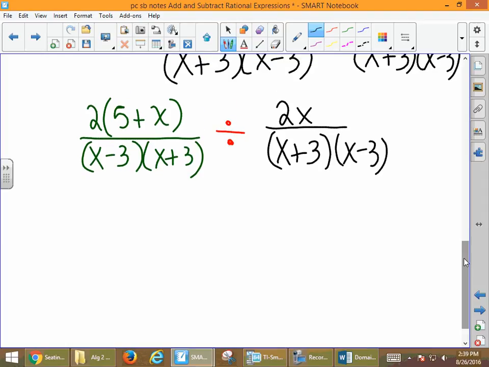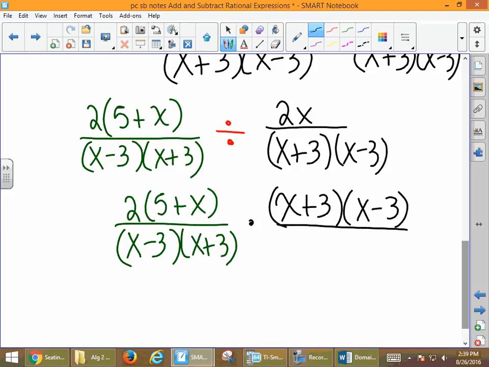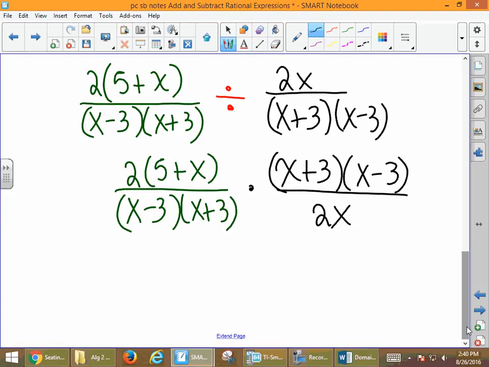So we've got 2 times 5 plus x divided by x minus 3 times x plus 3. And then we're going to flip the second one, so x plus 3 times x minus 3, and multiply. And when we multiply, we can multiply the tops together and the bottoms together, and then we can cancel.